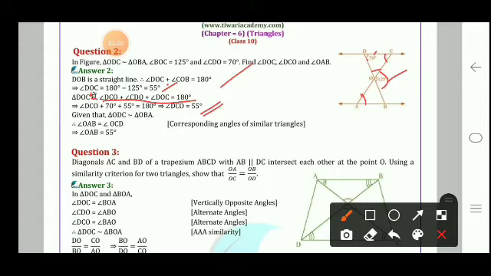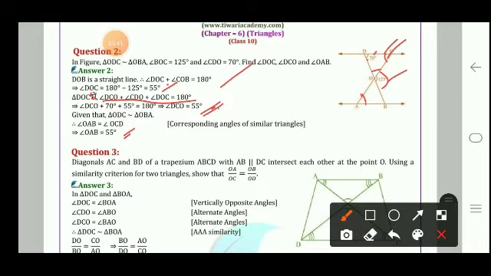So from here we'll get the value of angle DCO, which is equal to 55 degrees. Now since both the triangles are similar, angle OCD is equal to angle OAB, as corresponding angles of similar triangles. So angle OAB is equal to 55 degrees.